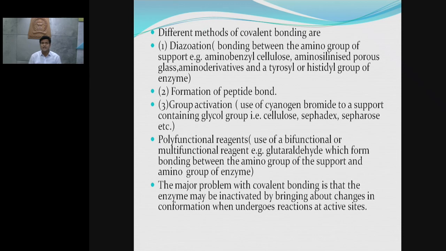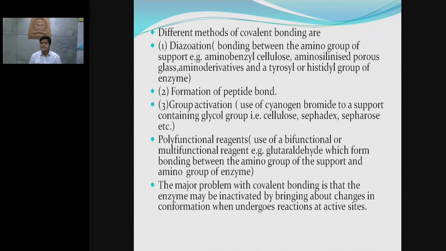In diazotization, there is bonding between the amino group of the support, that is amino-benzyl cellulose, amino-silanized porous glass and amino derivatives, and the tyrosyl and histidyl groups of the enzyme. The support's amino derivatives and the enzyme can form a diazotization reaction to form covalent bonding. This can also involve the use of a peptide bond, with carboxyl group and amino group.